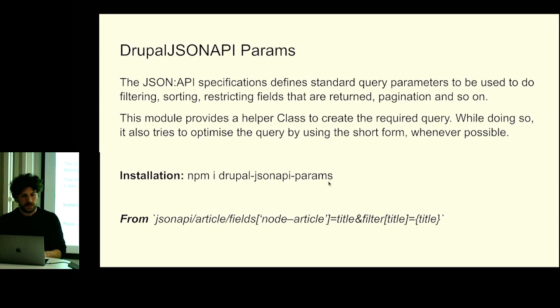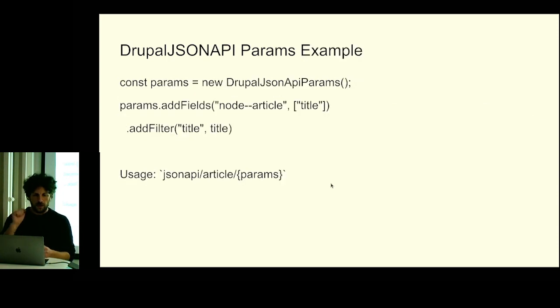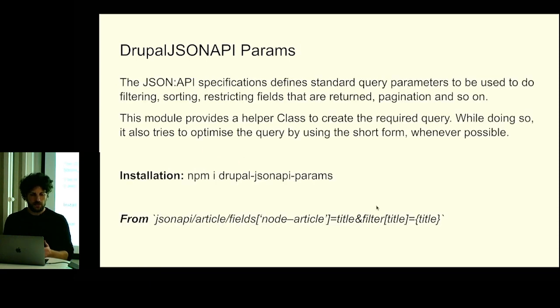But the package Drupal JSON API params helps you build a better URL in this way. So you create a new object, and then in the params in this case, I can add fields. So for example, here I specify the node article and then an array of fields that I want to pass. And then I can also, for example, add a filter. So the title, and then I can pass the title name. And this will basically generate the same thing that is here.